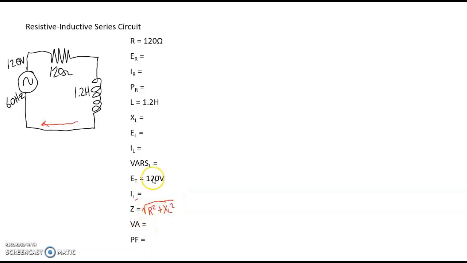Okay, we have R, but we don't yet have X sub L. So I'm going to jump to X sub L. This we can calculate with the formula that we know quite well. We've seen this formula a lot.